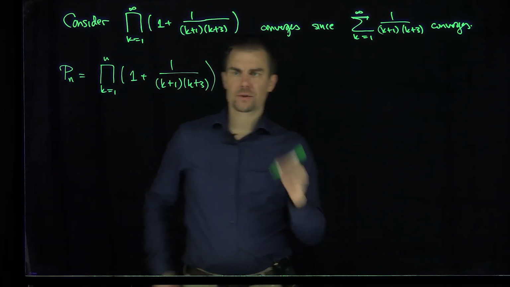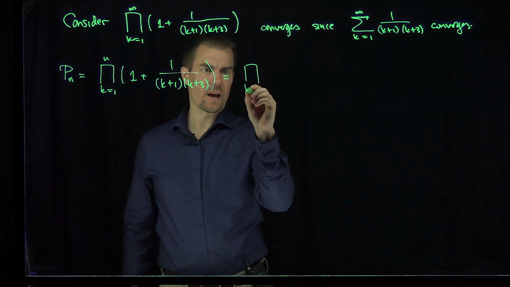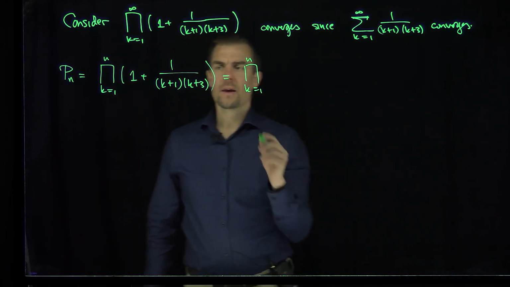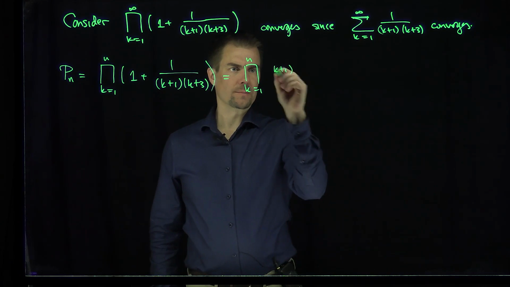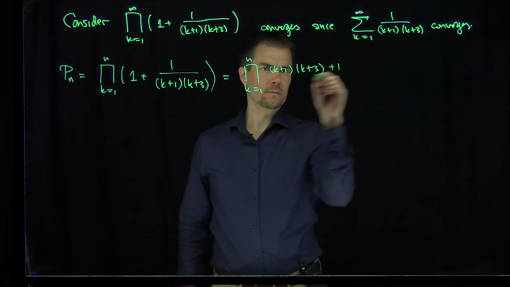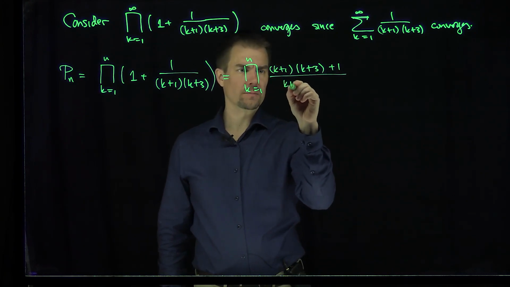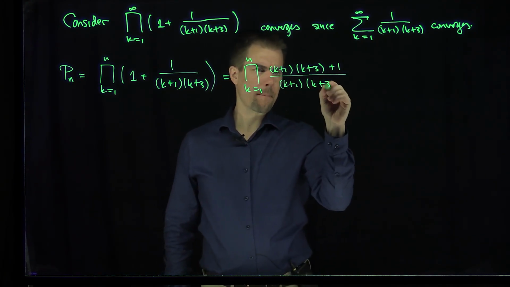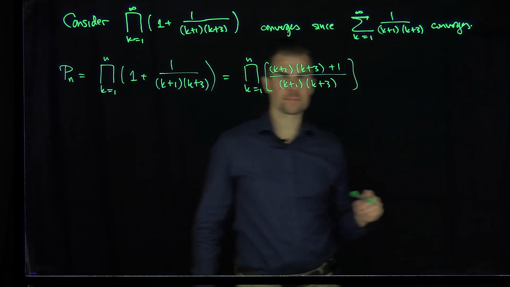And of course we can combine these terms to be the product k goes from 1 up to n of (k plus 1)(k plus 3) plus 1, all over (k plus 1)(k plus 3). So if we simplify this product, what will we get?